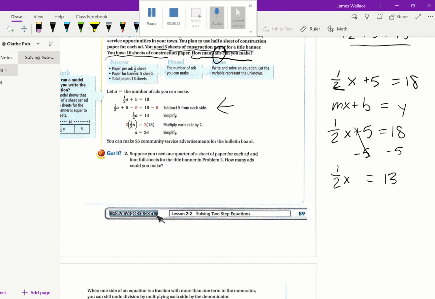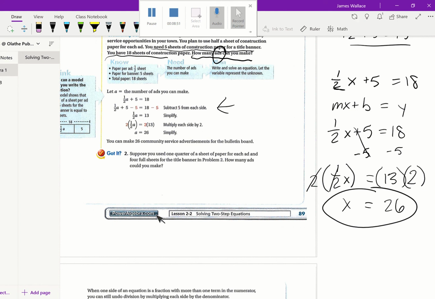The inverse operation of division is going to be multiplication. So you're going to want to multiply by 2 on both sides. And this is going to give you 2 times 1/2. Those will cancel, so you'll be left with x equals 13 times 2, which is 26.